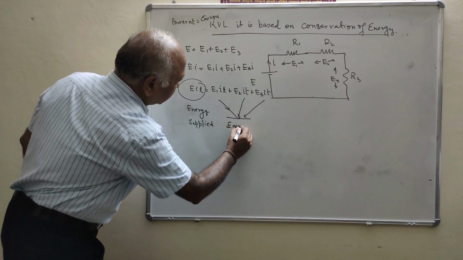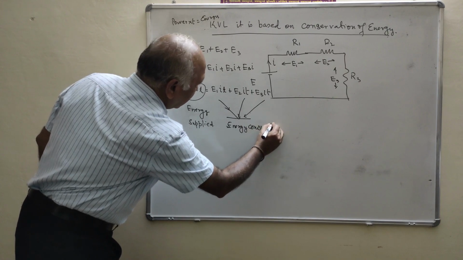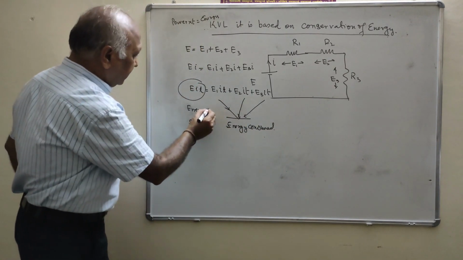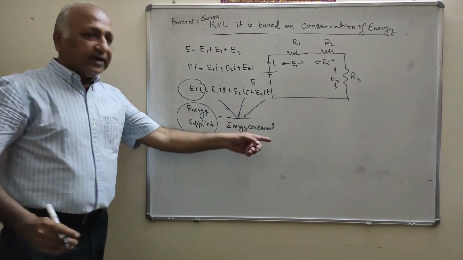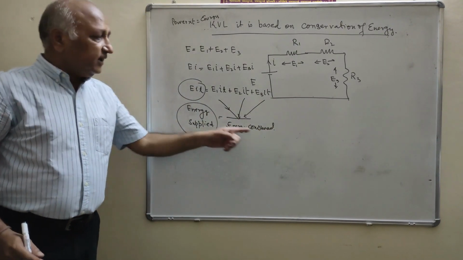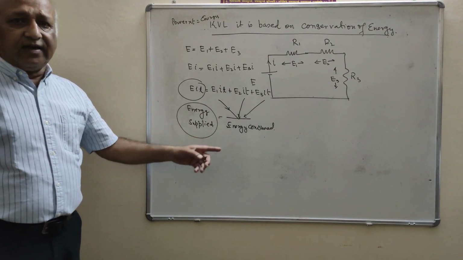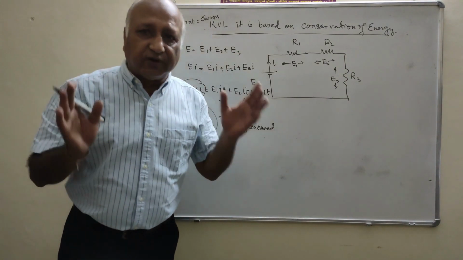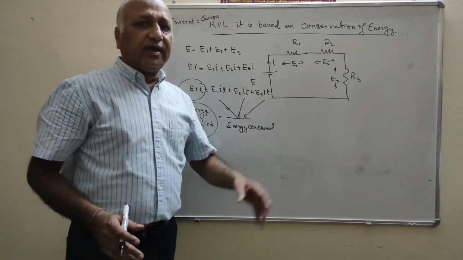From this, we see that when the energy supplied is equal to the energy consumed, it follows the law of conservation of energy. The KCL is based on the conservation of charge, and the KVL is based on the conservation of energy.